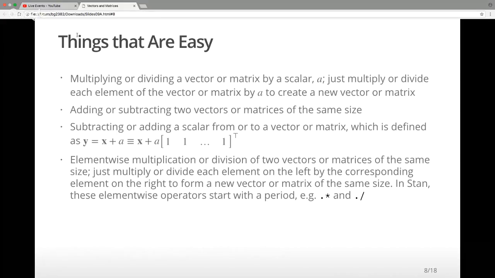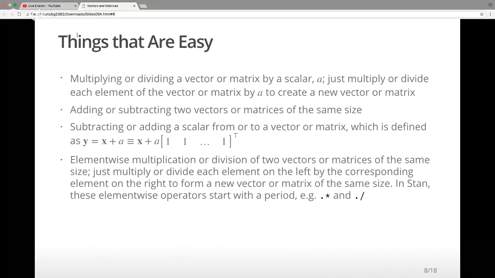Another thing that trips people up a little bit, but is actually a well-defined thing, is adding or subtracting a scalar to or from a vector or a matrix. You might say, how can you do that if the vector or matrix has multiple elements and a scalar obviously only has one element?